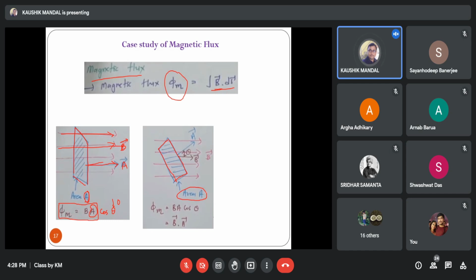So the surface is inclined to the magnetic field. First of all, you have to consider the unit vector to this surface, this A vector. The angle between the magnetic field and A is theta. So what will be the magnetic flux? That is BA cos theta, or basically B dot A.